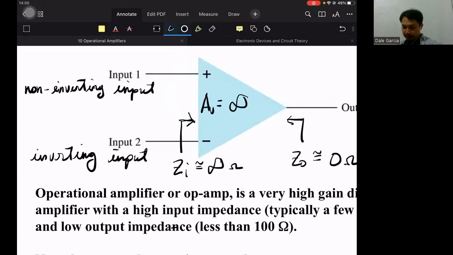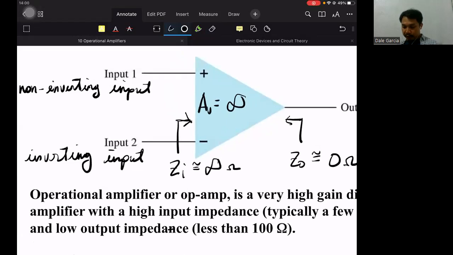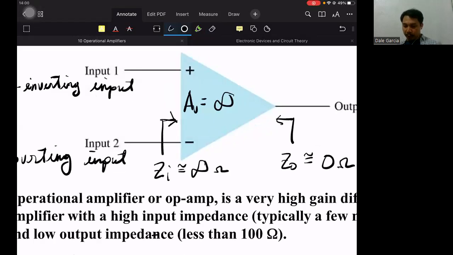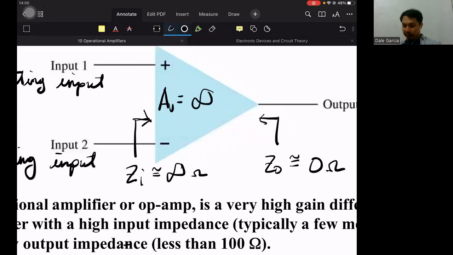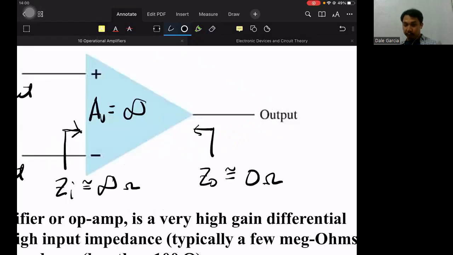Yeah. So the opposite is true for the very low output impedance. We'd want our ideal amplifiers to have zero output impedance, such that if zero yung output impedance, that means all current na kaya i-output sa atong system, in this case the operational amplifier, is magawas din sa output. Okay.